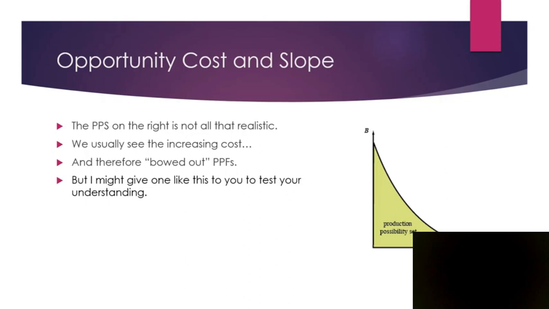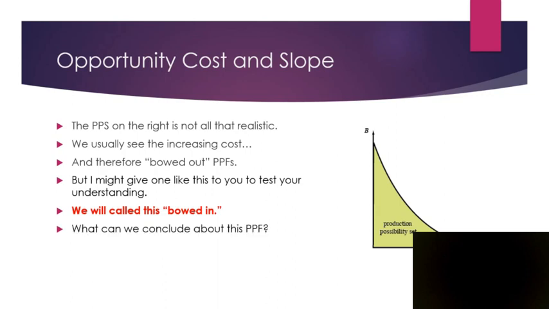But I might give you one like this simply to test your understanding. We're going to call this bowed in or bowed inward. So we have bowed out, we have linear, we have bowed inward. So let's think about what we can conclude about this production possibility frontier based on what we've learned about slope and opportunity cost.